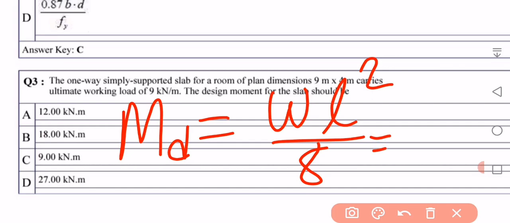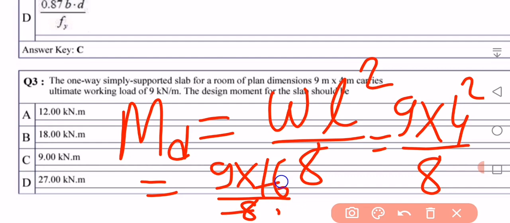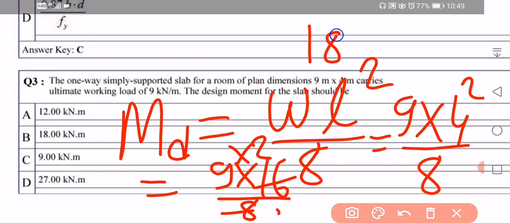Now put the value of W equal to 9, L equal to 4, square, divided by 8. Solving this equation, we obtain 9 into 16 divided by 8, which equals 18.